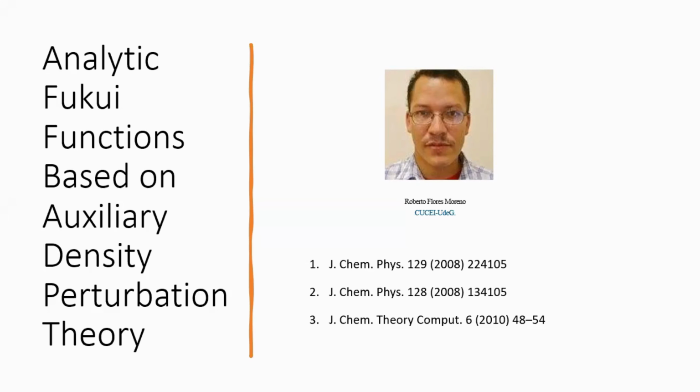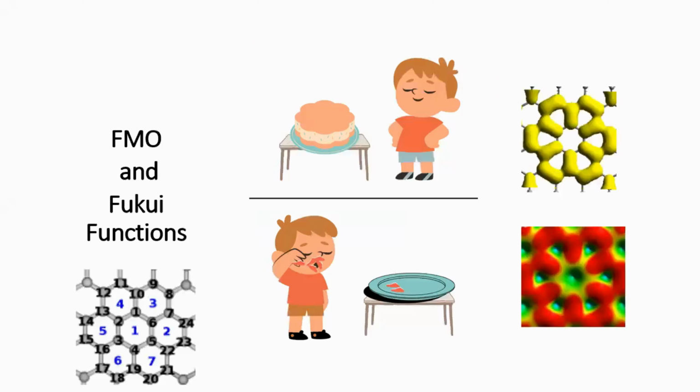He is Mexican and he developed this method when he was in the USA. So if someone wants to know how to compute the analytical Fukui function using the ADPT method, they need to refer to these papers.